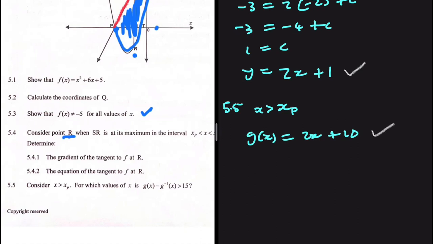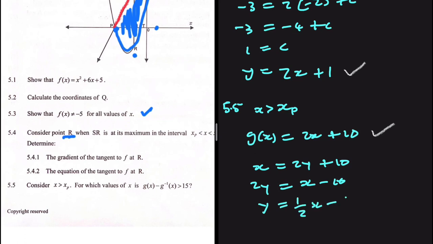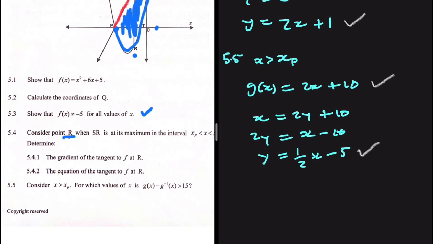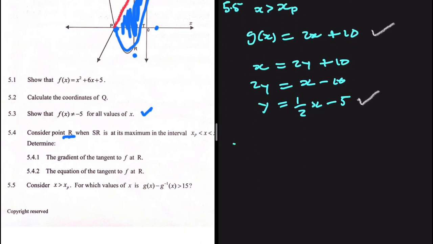If we do that, we're going to have x equals 2y plus 10. So 2y equals x minus 10. So y equals a half x minus 5. This is g inverse. So now we're looking for g of x minus g inverse being greater than 15.